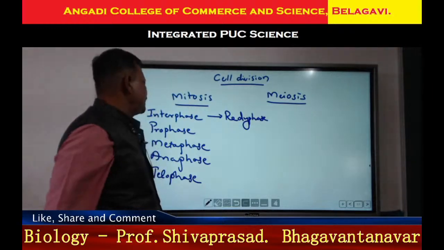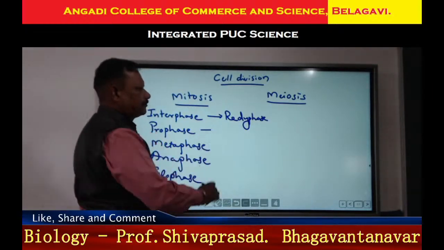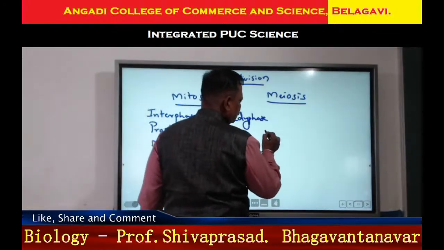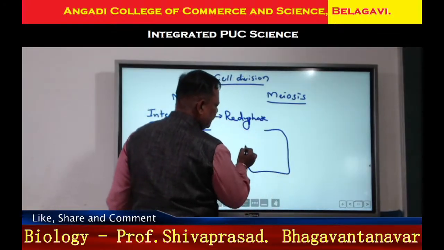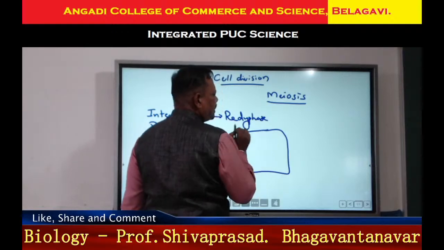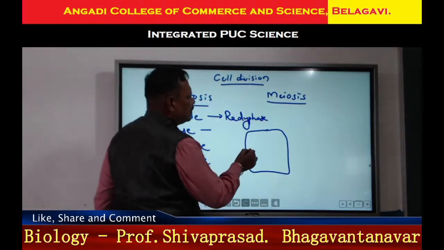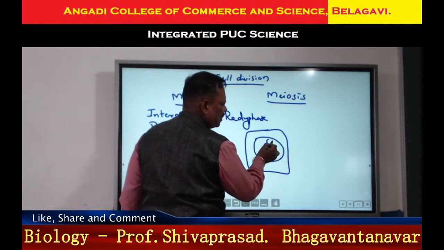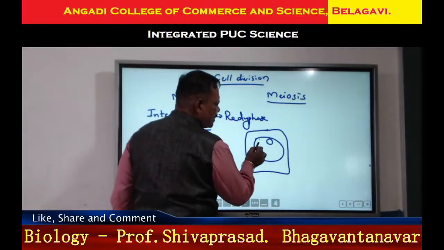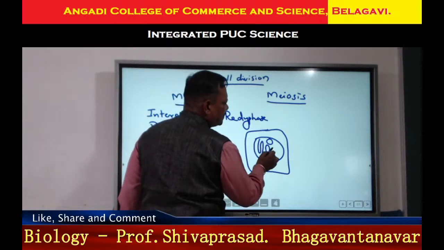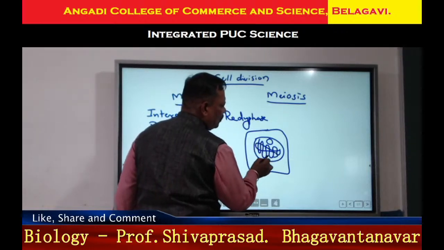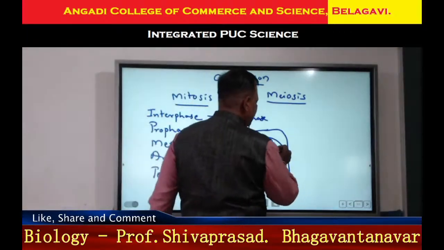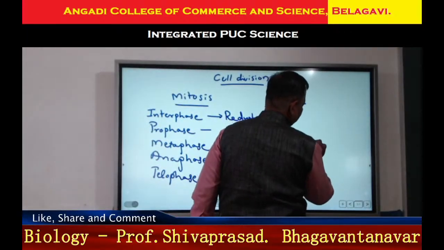So next one is the prophase. In case of prophase, just see, if suppose this is the cell, here the nuclear envelope you are observing, nucleolus you are observing, and here a lot of hairy thread-like structure what you observe, you are calling it as chromatin. So I am writing it here, chromatin.